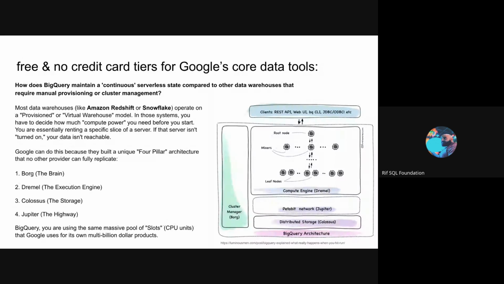So how come Google can do this? How come they can offer free solutions? This is just if people want to get more technical and understand. BigQuery, sort of like Gmail or Google Search, is always running. Typically with other data warehouse providers, you actually have to pick or provision the data warehouse, and it won't be running unless it's sized.